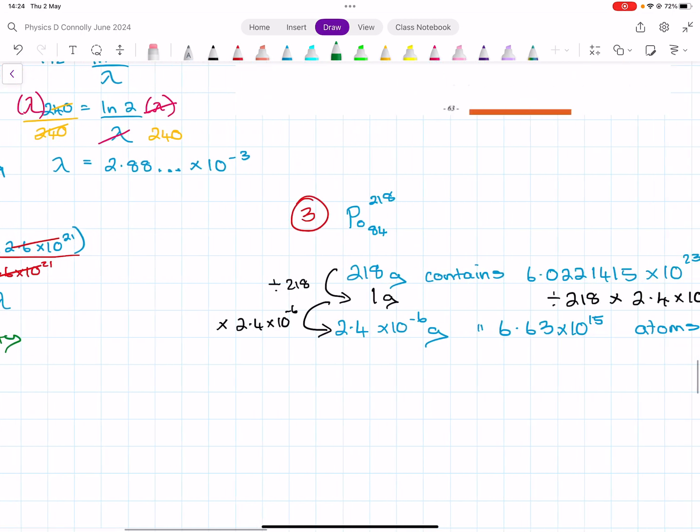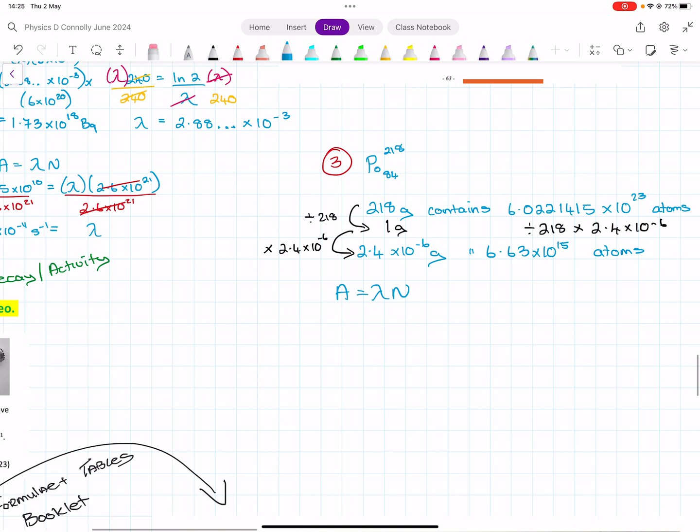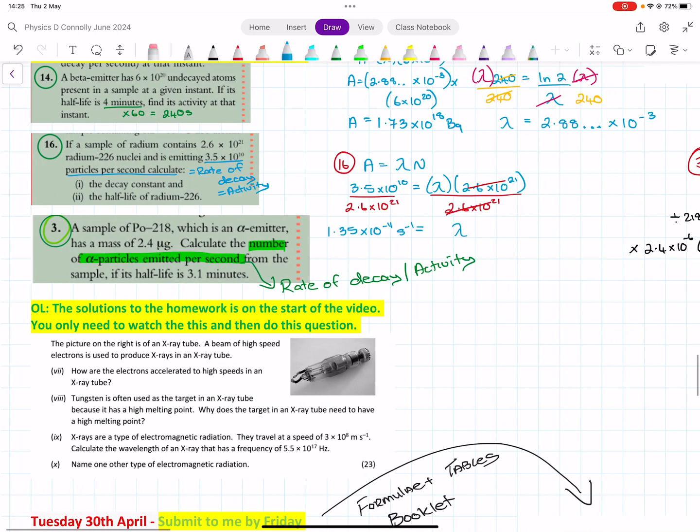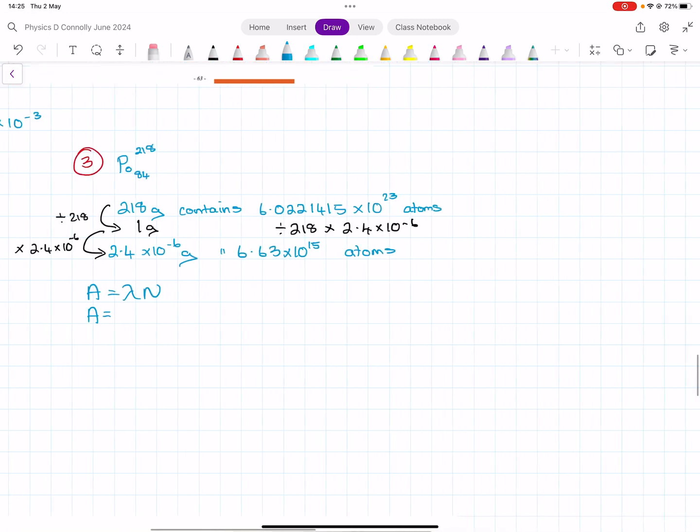So we're looking for the activity, and the activity is still lambda N. We know how many atoms we have, so we know N, but we don't know lambda, but they've given us the half-life. So T half is ln2 over lambda.